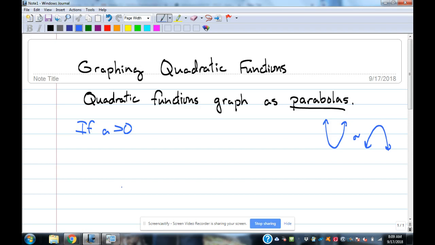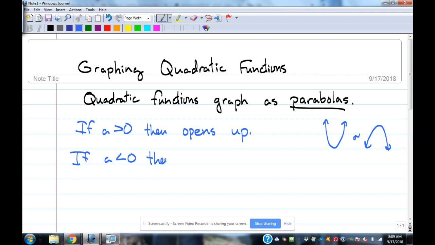If A is greater than 0, what kind of number is it? Positive. If A is a positive number, then it opens up. If A is less than 0, what kind of number is it?